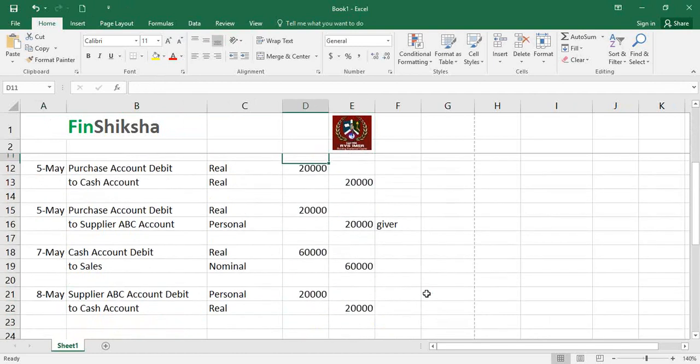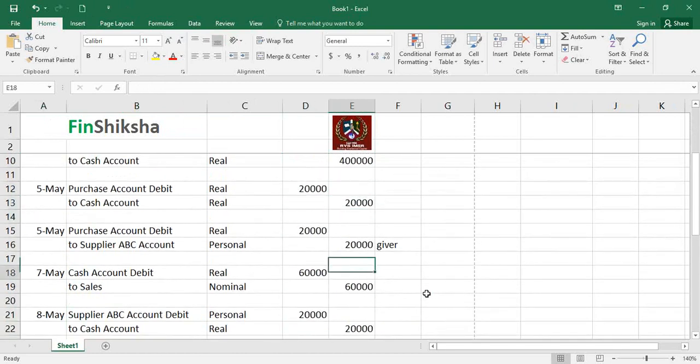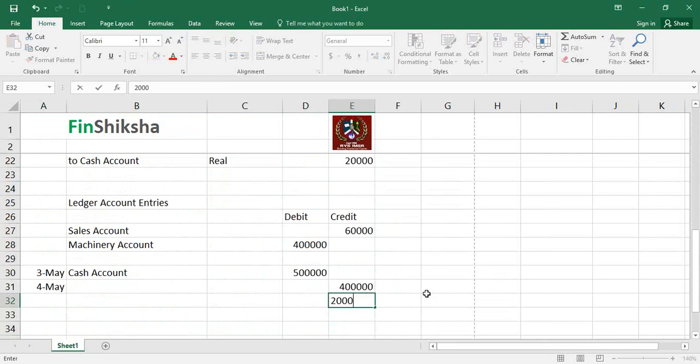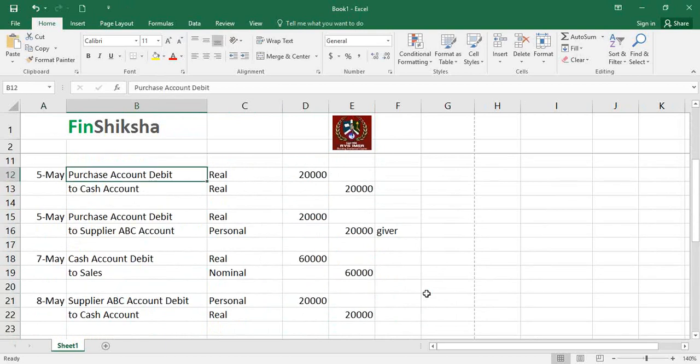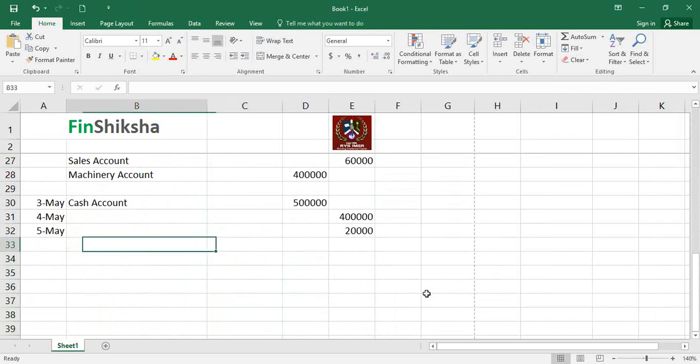Then we look at 5th May cash account credit. That's a 20,000 credit again here. And then we go further and we find cash account debited for 60,000 here. That's on 7th May when you sold something worth 60,000.